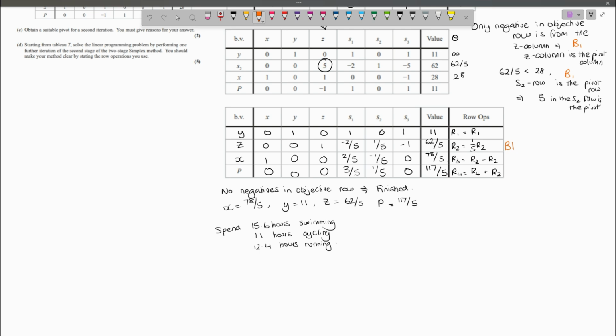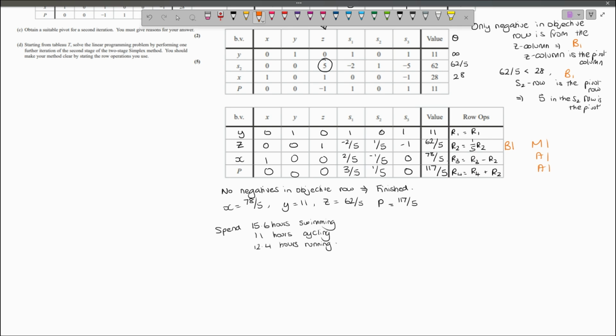It's either a full row correct or one of these columns correct, x, y, and z. An accuracy mark for using row operations correctly at least twice. An accuracy mark for having all values in your table and all row operations correctly stated.